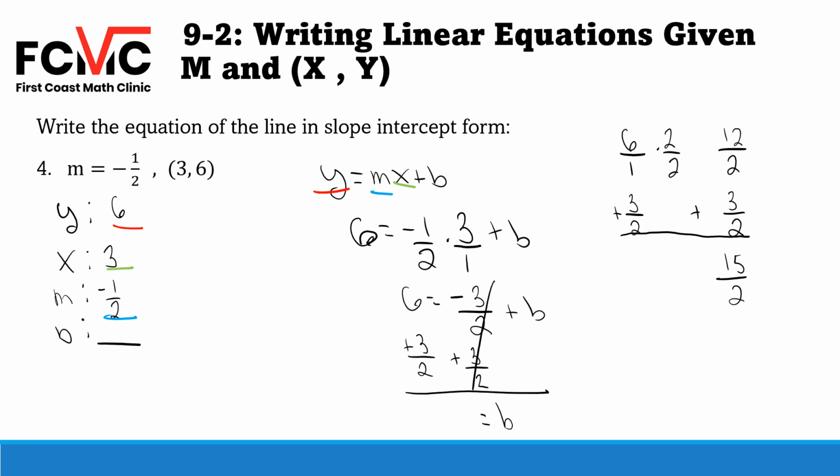So our value for b is going to be 15 over 2. And if we want to rewrite that improper fraction as a mixed number, well, 2 goes into 15 7 times. We get 1 left over, so it's going to be, let me clean this up a little bit, 2, we'll keep that 1, and this 2 becomes our denominator, so 7 1/2.